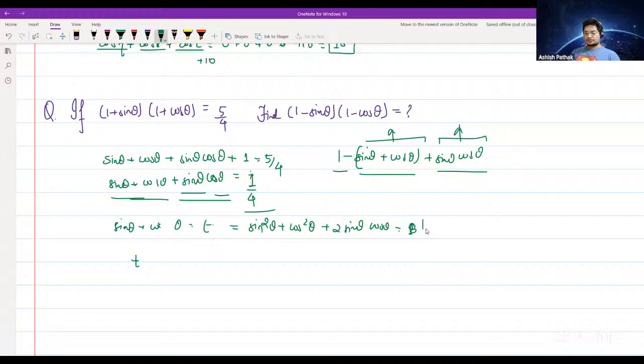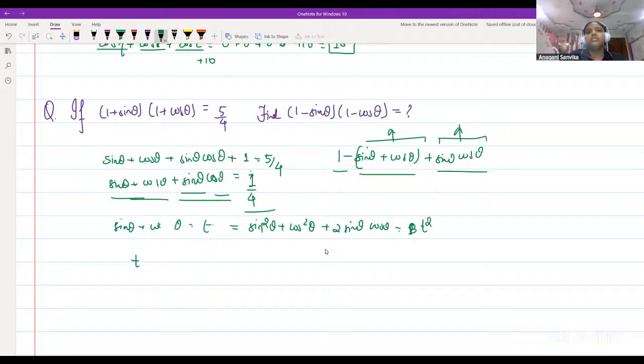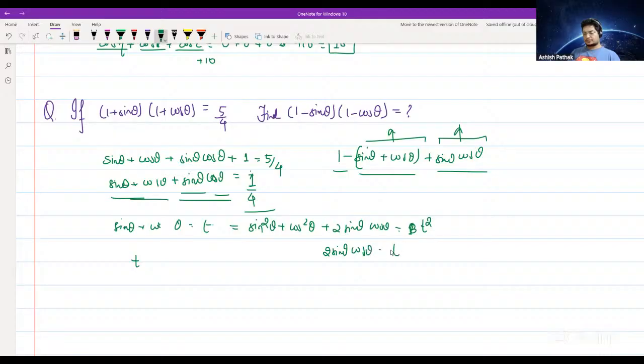That is, 1 plus 2 sine theta cos theta equals t square. So 2 sine theta cos theta will become t square minus 1, and sine theta into cos theta is equal to (t square minus 1) by 2.